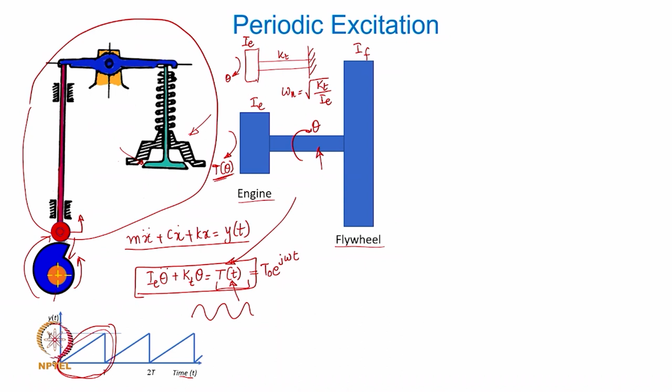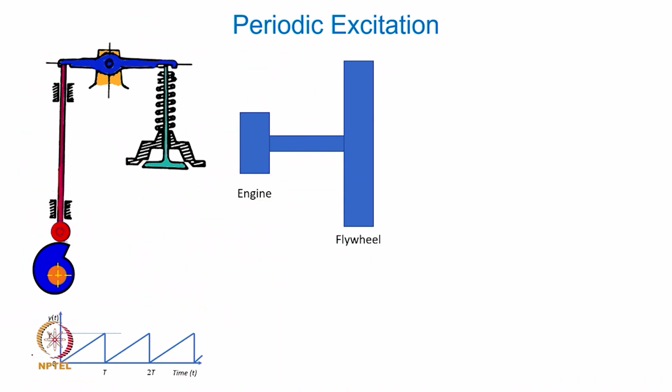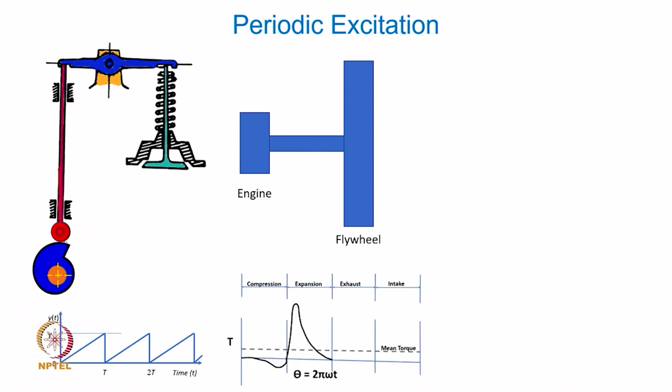Now, recalling all that you might have learnt in your kinematics and dynamics course, or probably in some other subjects related to IC engines, you must have a clear idea that the torque which is acting on the crankshaft because of the operation of the engine may look something like that.